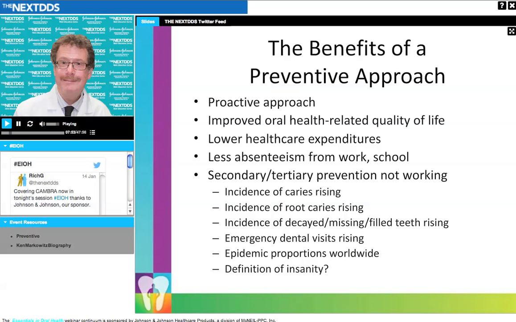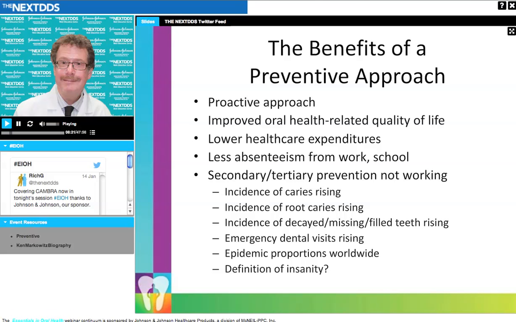The benefits of a preventive approach are, obviously, for the people that it works for, improved oral health and improved quality of life. They will have less health care expenditure, less absenteeism from work and school, and fewer other problems associated with their teeth.